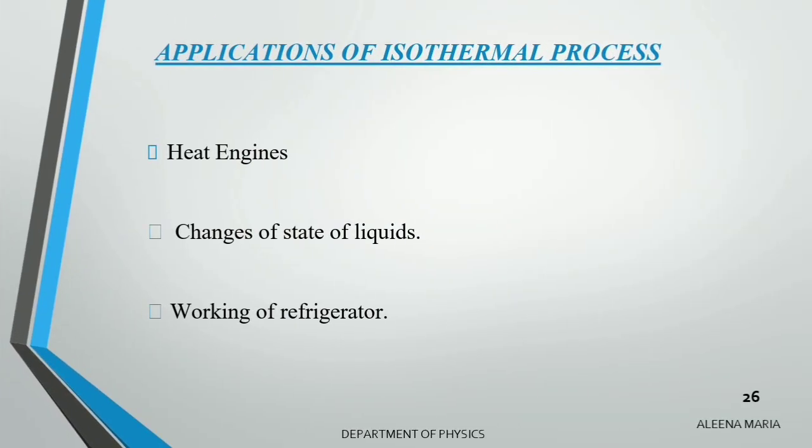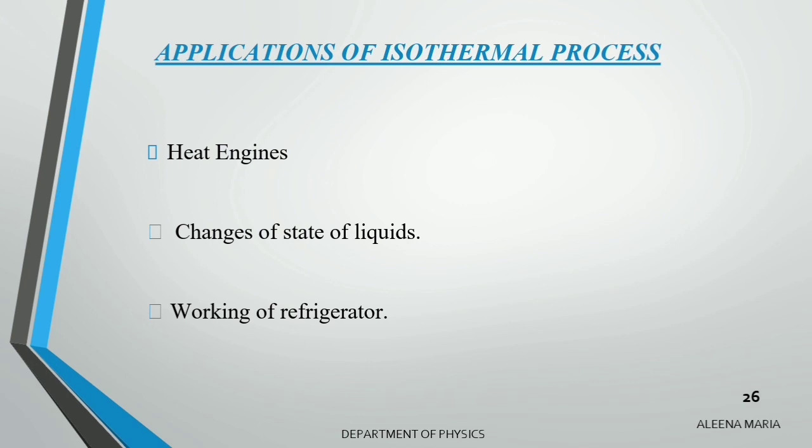Now coming to the applications of isothermal process, the first application is heat engine. Heat engines convert heat energy into mechanical energy. There is a source and a sink. Source is kept at high temperature while sink is kept at lower temperature. When the cylinder with the working substance is placed on source, the pressure and volume of the gas changes, but the temperature doesn't change due to the infinite thermal capacity of the source.